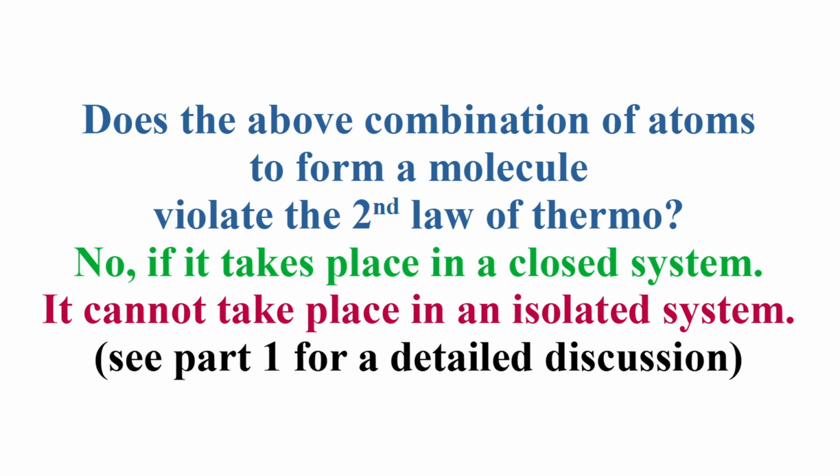In an isolated system, it cannot occur spontaneously. The surroundings are a requirement to be satisfied so that the entropy of the surroundings would increase in such a way that the net change in entropy is an increase for the system and the surroundings taken together.